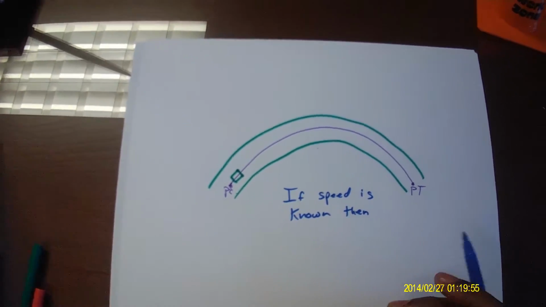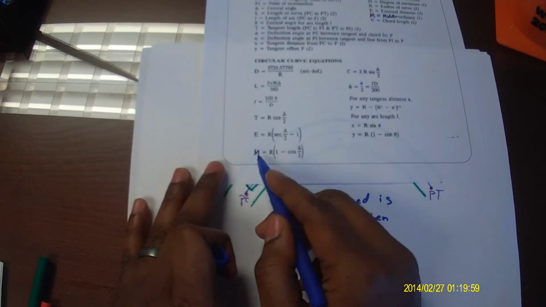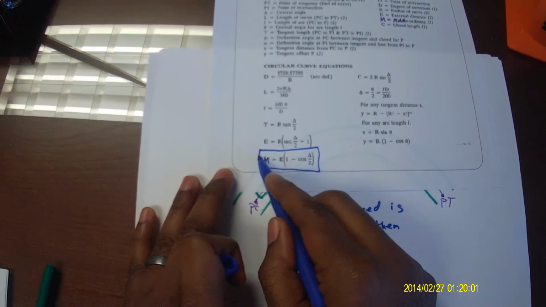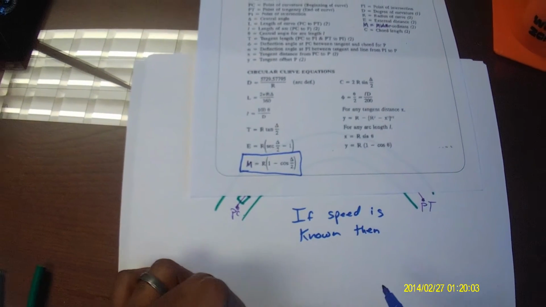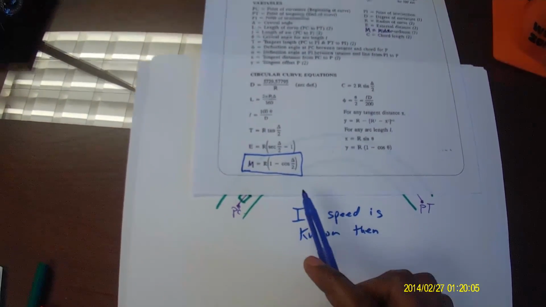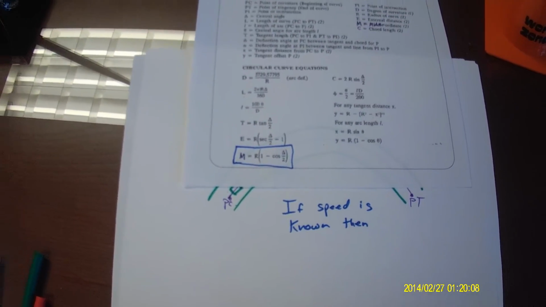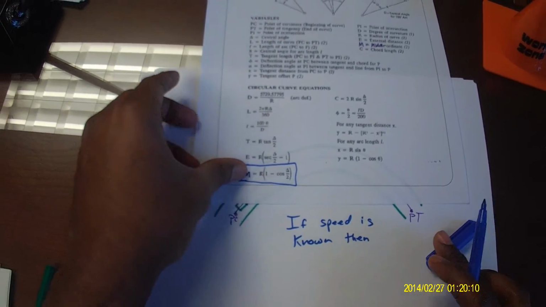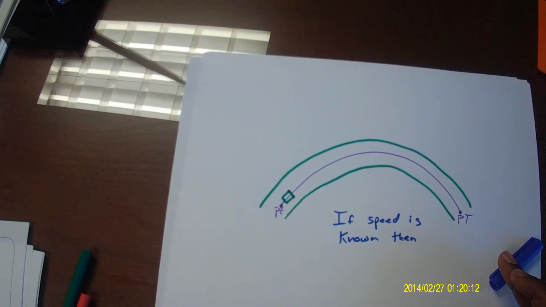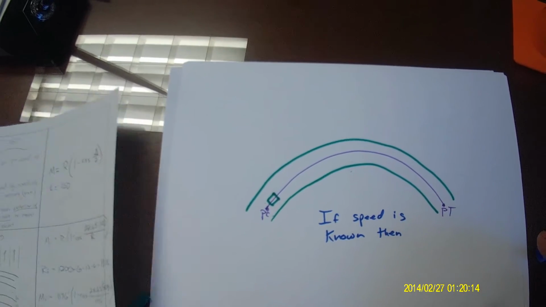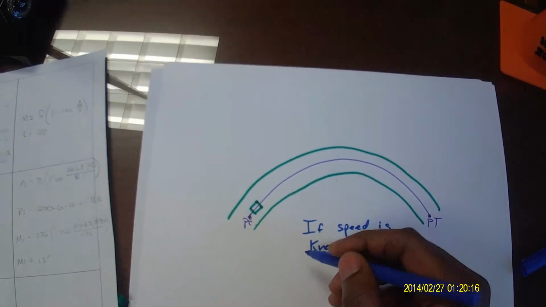See, in the beginning, the middle ordinate equation that you were given was this one right here. And that's just a general equation. It does not take into account anything for speed. Last class I talked about a modified version of that, and that modified version is as follows.